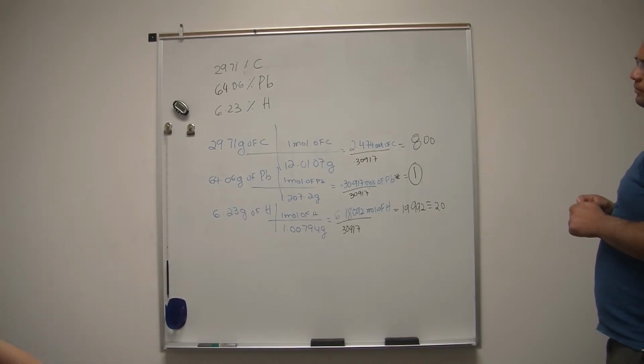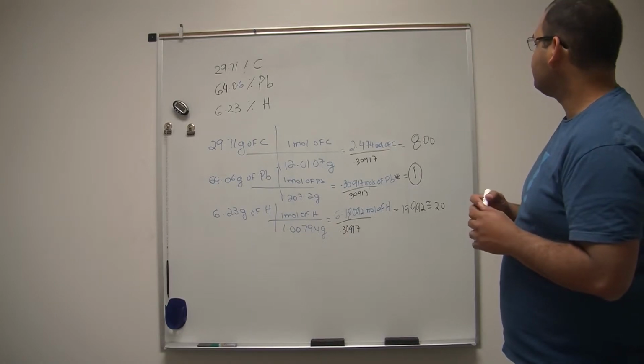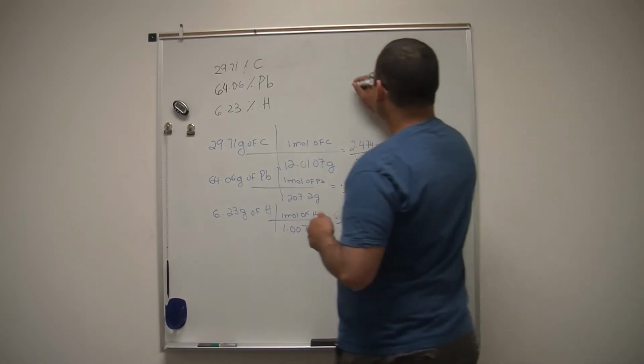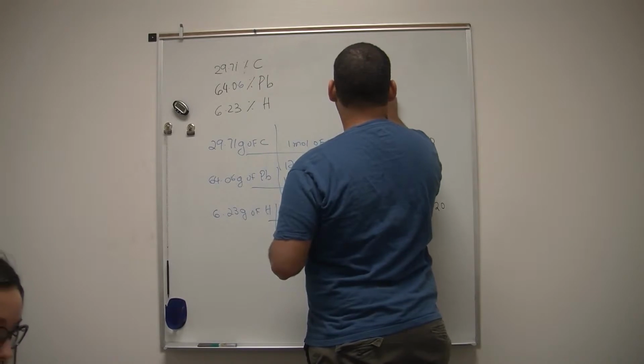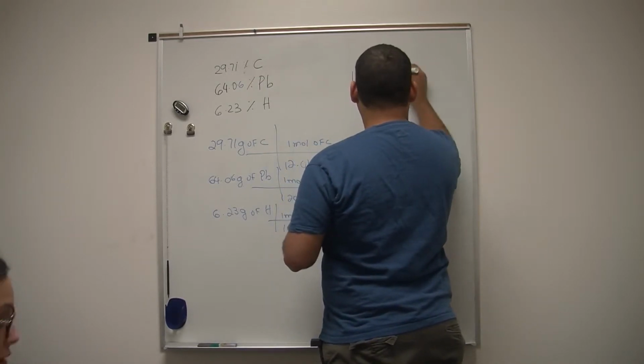Okay, so I got 8 for carbon, 1 for lead, and 20 for hydrogen. Yeah. So C8PbH20. It's way high. Carbon 8, maybe.